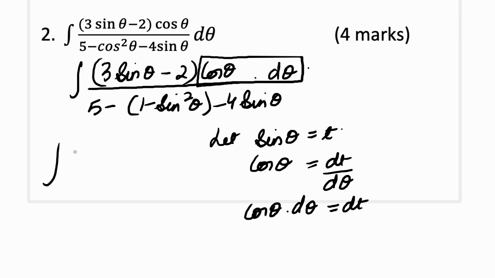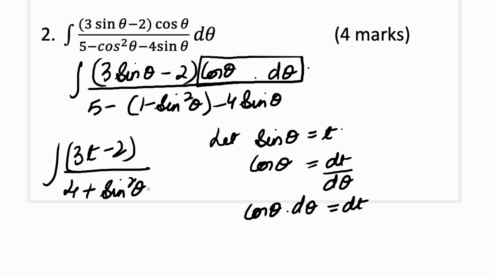So I will write 3t minus 2 upon 5 minus 1, which becomes 4, plus sin square theta minus 4 sin theta. Now in place of sin theta we can write t.